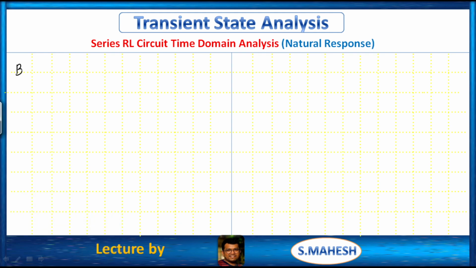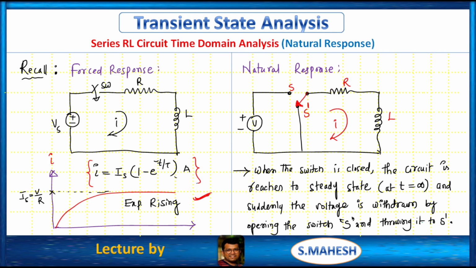we have the same analysis by KVL. When the switch is moving from S to S dash, obviously this is the loop, because we don't have any supply voltage.